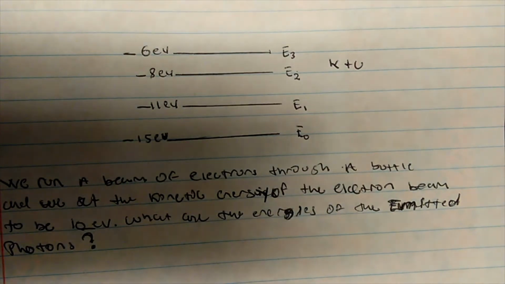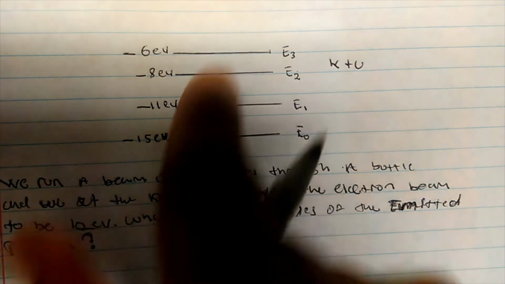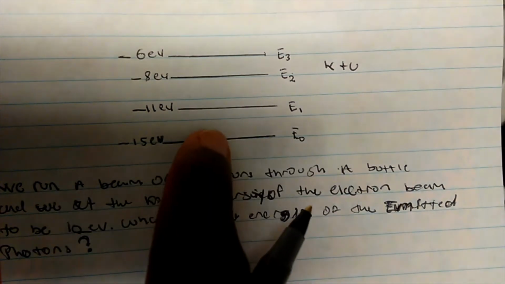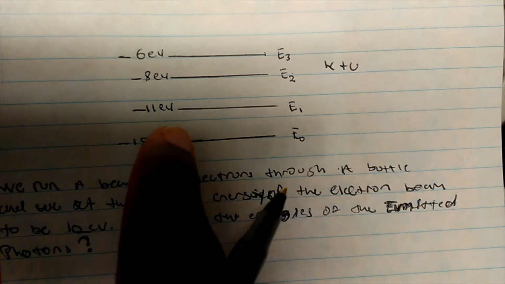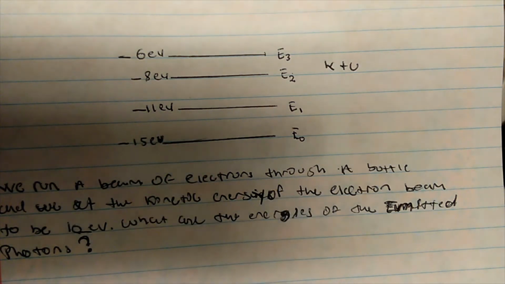I always subtract the lowest number from the highest number to show me where I'm at. So I take negative 6 minus negative 15 eV, and that gives me plus 9 eV.